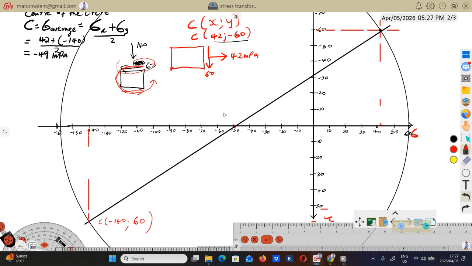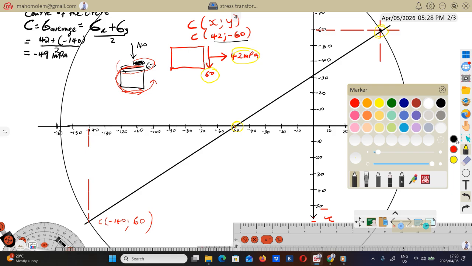Remember, from here to there, we've used this 42, which is from the x face, and this one, which is from the x face.